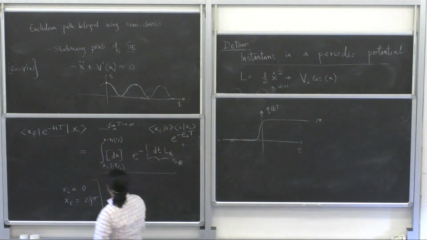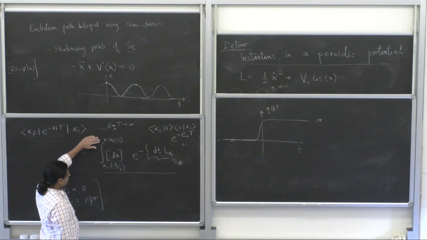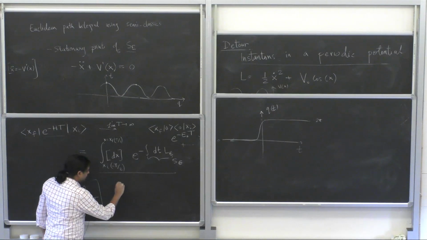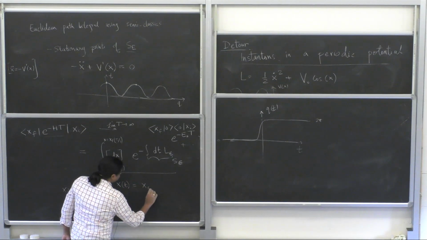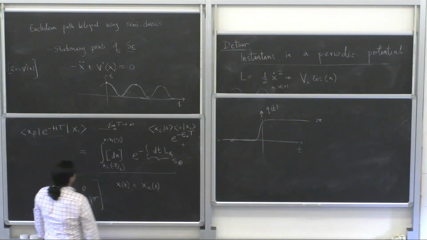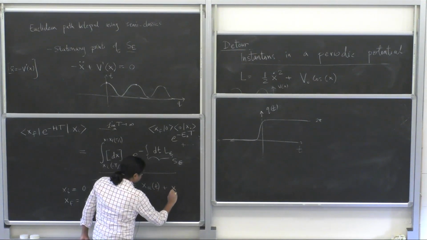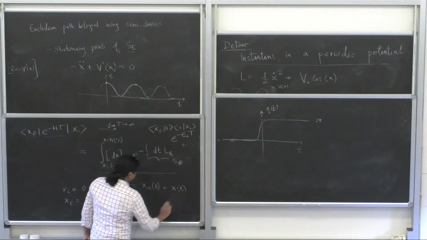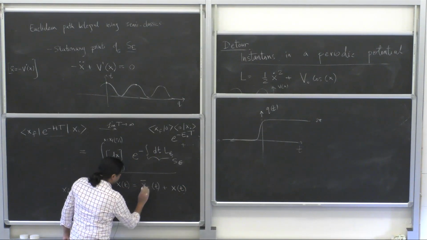So, any given trajectory. Remember, we're integrating over all possible trajectories here. Any given trajectory, what we want to do is to say, is one of these classical trajectories, which are solutions to the Euclidean equation of motion, plus some fluctuations. So let's call these classical solutions x bar of t.